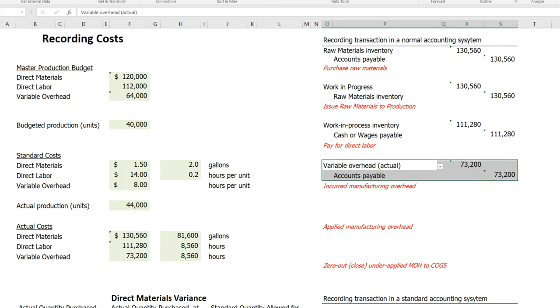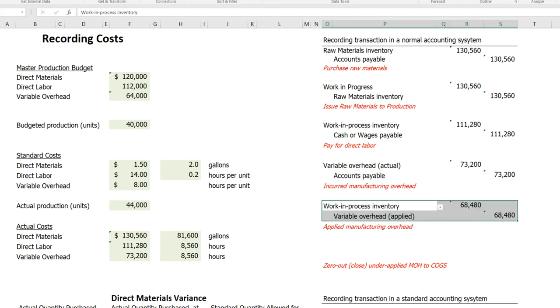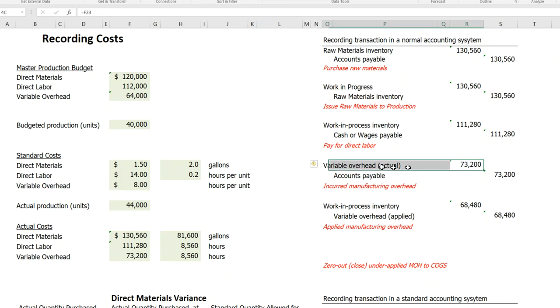Then when we apply manufacturing overhead, we credit manufacturing overhead and we debit work in process inventory. And then finally, we need to zero out any over or under applied overhead. In this case, our actual overhead was $73,200.